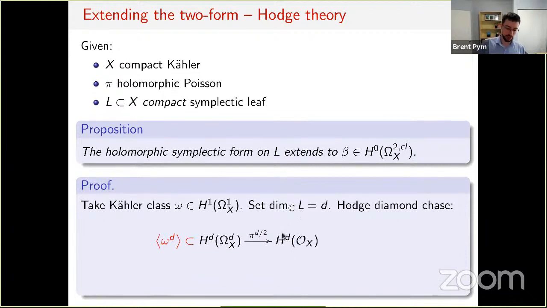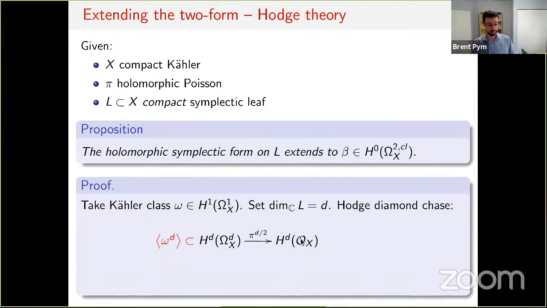So now what I can do is take the bivector and contract with the top power of the bivector along L. So that's pi to the power D over 2. And that will knock down this omega D all the way to an OX. So it eats up the D form and spits out a function. So in that way, I can take this power of the Kähler form and I can produce a class in H0D.